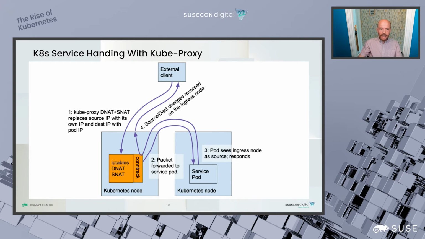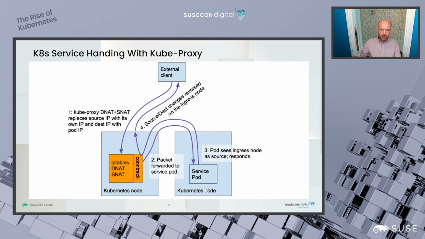Now, DNAT and SNAT, that's destination network address translation and source network address translation. Why does it need to do both of those things? Well, it needs to destination translate the traffic to make sure that the traffic then gets forwarded onto the pod on the other node that's actually going to service the user.